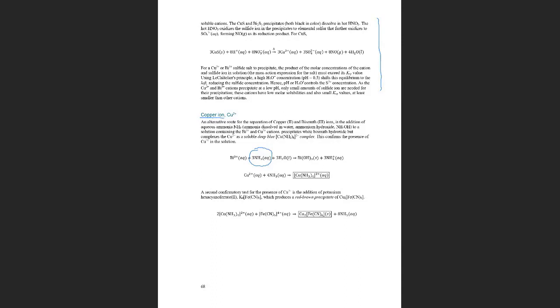So let's say I have a test tube with two ions, bismuth and copper +2. I need to separate those ions, and I need to identify those ions, and they are together. So I add ammonia.